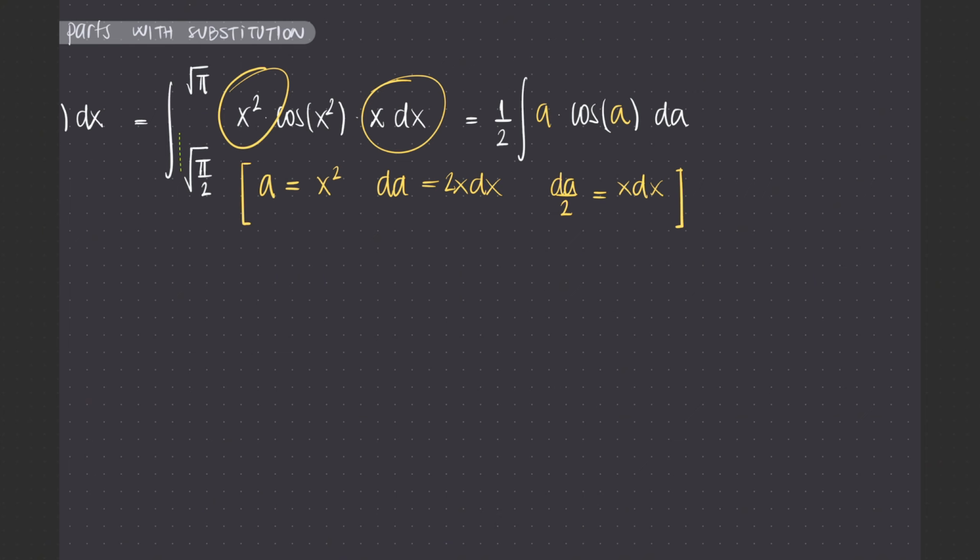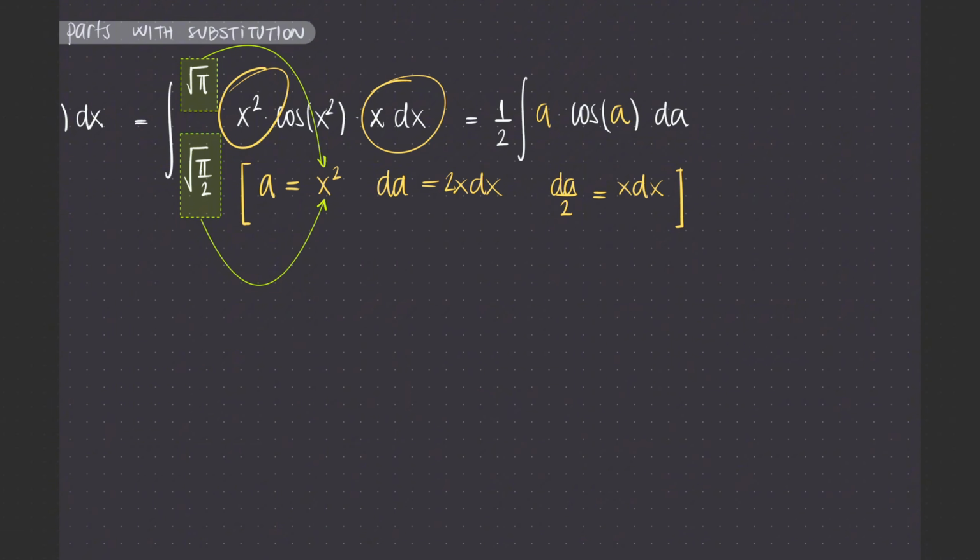Therefore, if you choose to do that, do know that you need to replace both the upper and the lower bounds on x over here and calculate what your new upper and lower bounds are going to be. We're basically squaring these numbers, so we have pi over 2 and then pi over here. And if you do this, you don't need to worry about rewriting the integral in terms of x anymore. Once you finish the integration by parts process and substitute the upper and the lower bounds, then you're done.